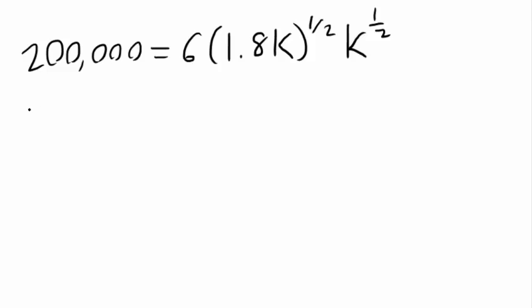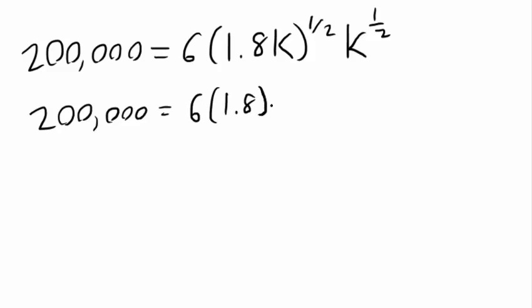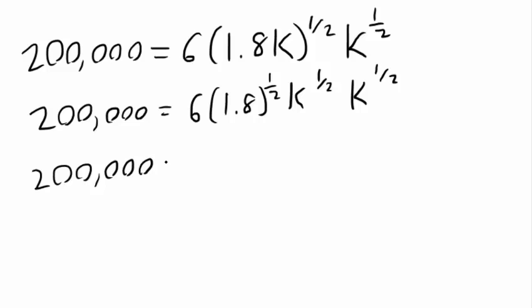And so I can distribute this 1/2, so I have 200,000 equals 6 times 1.8 to the 1/2 times K to the 1/2 times K to the 1/2. And so I still have that 200,000 on the left side, and on the right side I will have 8.05 times K, because K to the 1/2 times K to the 1/2 is K to the 1.